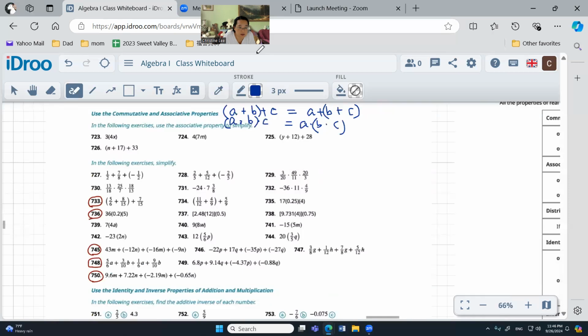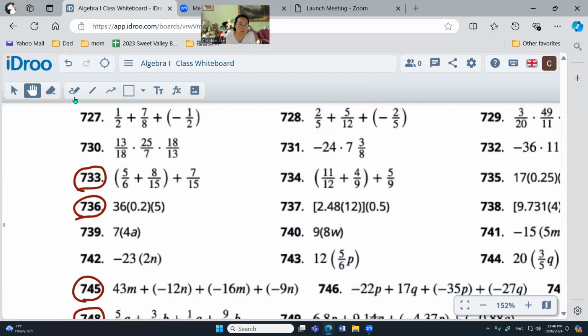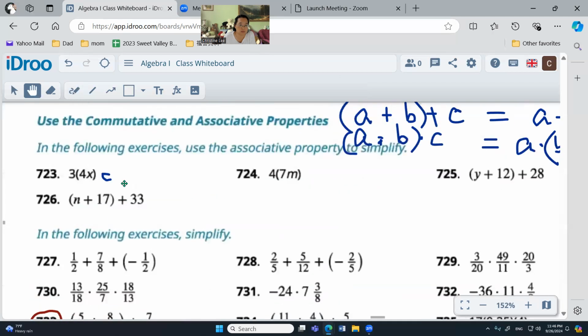So here, let's do it. The pen is not working very well. All right, so here, there's no front and back. So number and number multiply, and then x is x.